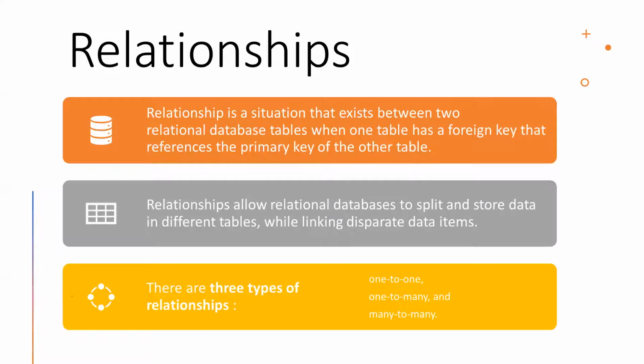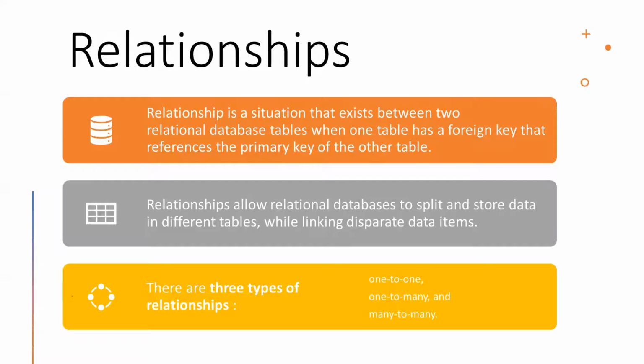Okay, so starting with relationships: as we know, relationships are the foundation of our relational database. Whenever we talk of database tables, the very important part is relationships. By definition, a relationship is a situation that exists between two relational database tables when one table has a foreign key that references the primary key of the other table.